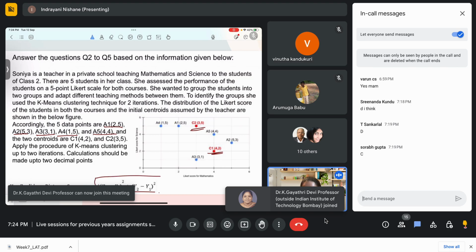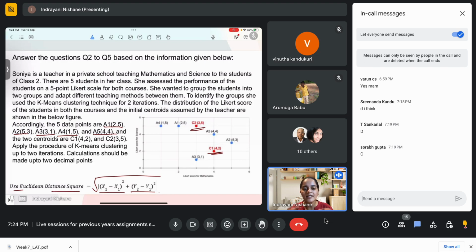But for ease of calculation, we assume that if squares have differences, then square roots will have similar differences. Like 2 squared is 4 and 3 squared is 9; comparing 4 and 9, the ordering remains the same. So for simplicity, we have removed the square root and keep the squares as they are.